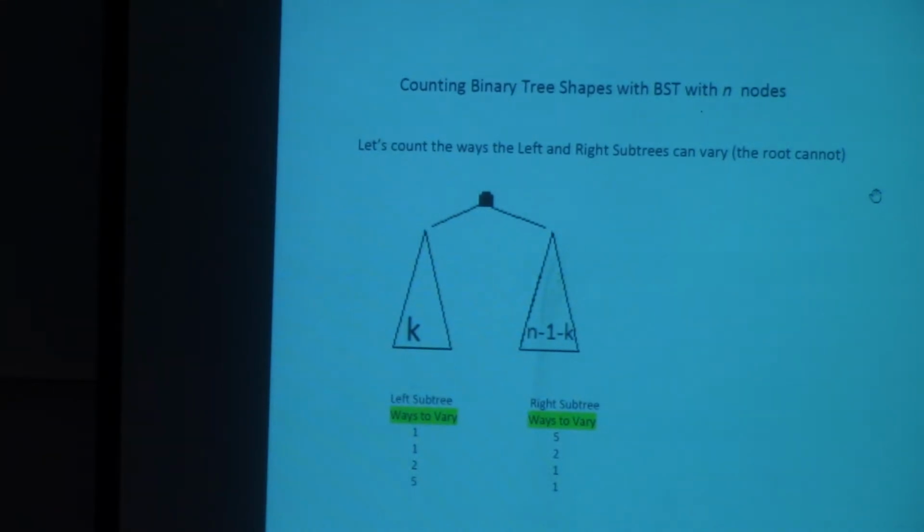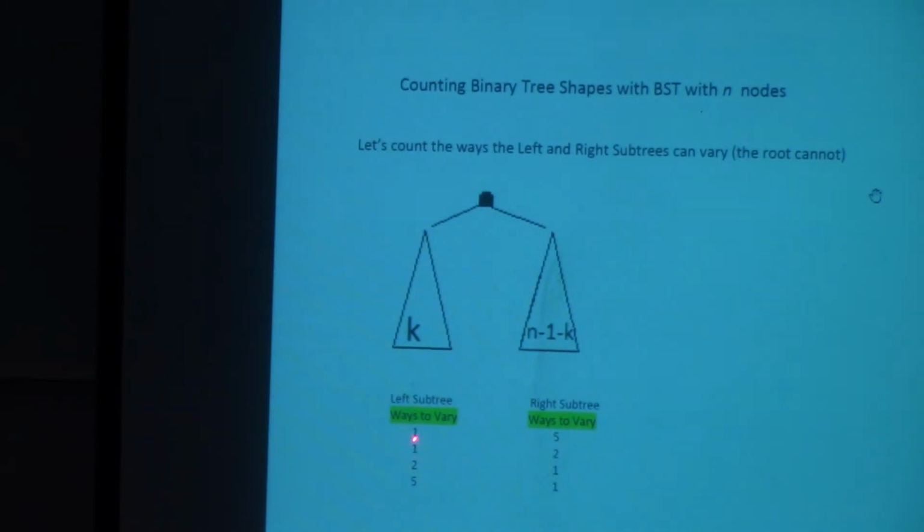Add them? Well, that would be easy. But it wouldn't give us anything. But we're actually going to multiply them. And the reason we're going to multiply them is because of what happens, let's look at this example here. So this is the case where the left subtree has how many nodes? 1. And the number of ways that can vary is 1 way. But if I have 1 node here, I must have how many nodes here? 2.